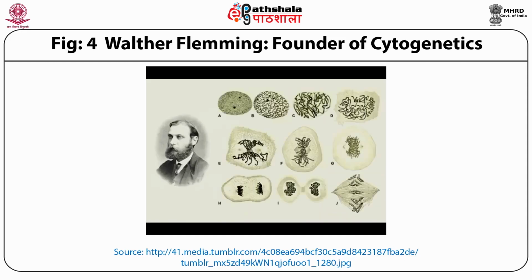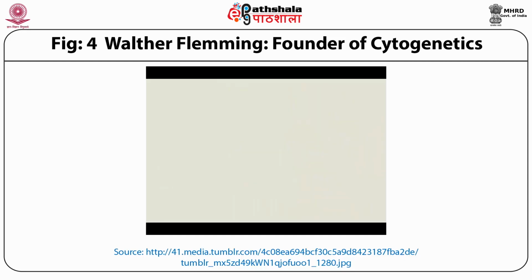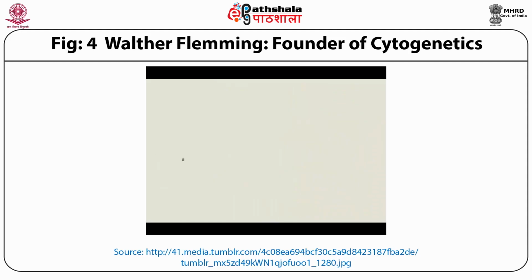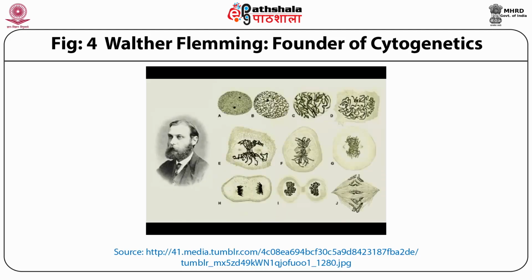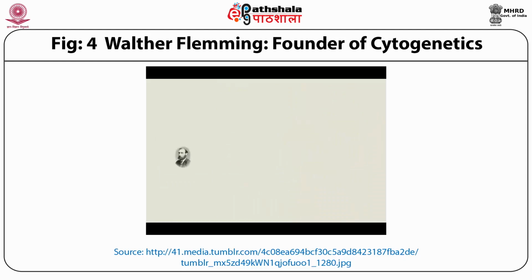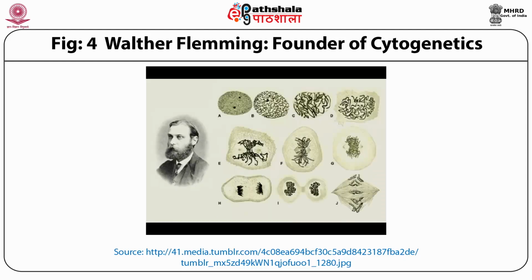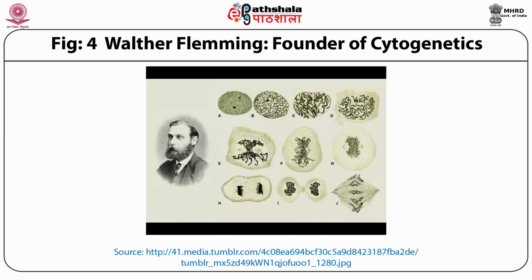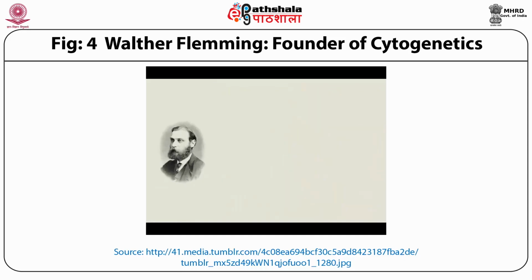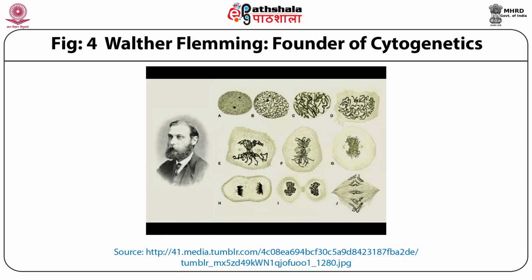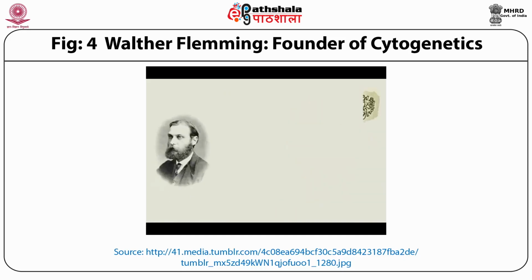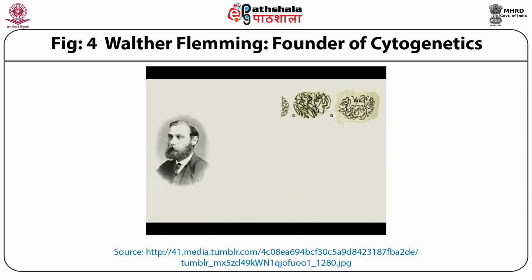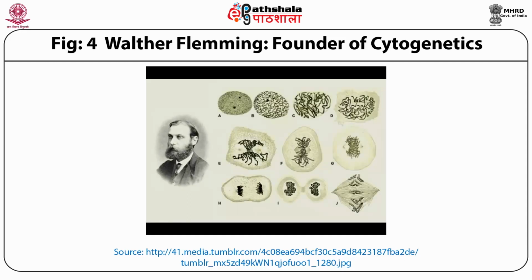Chromatin is formed when the double-stranded DNA is wound around histone proteins to pack and condense the bulky DNA. The word chromatin was first used by Walther Flemming. Flemming explored cytology, that is, the study of chromosomes, and studied the process of mitosis in detail. He even revealed the movements of chromosomes.